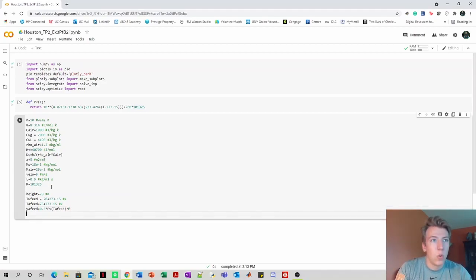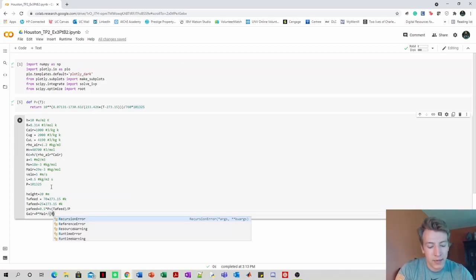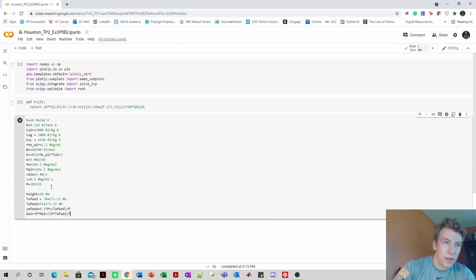We also know the air flow rate, which is equal to the total pressure times the molecular weight of air, divided by the gas constant R times the TA feed, and then all times the velocity.